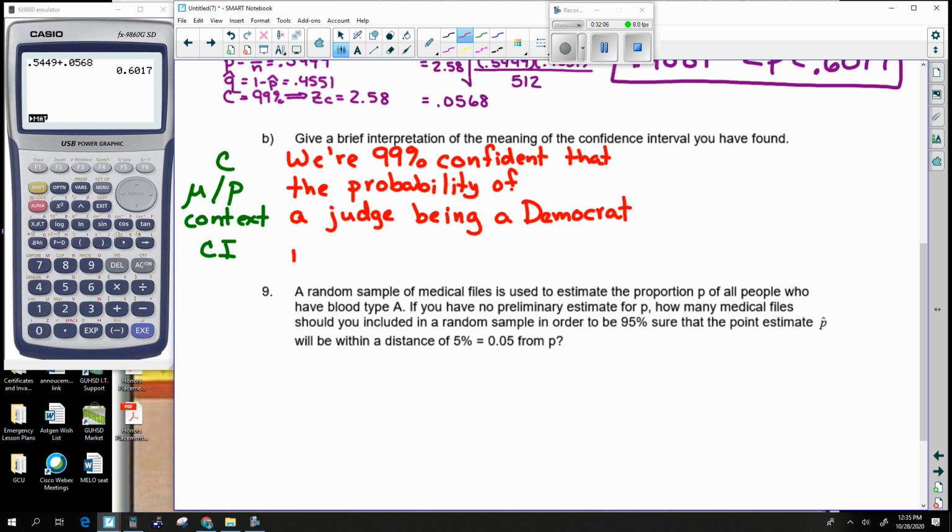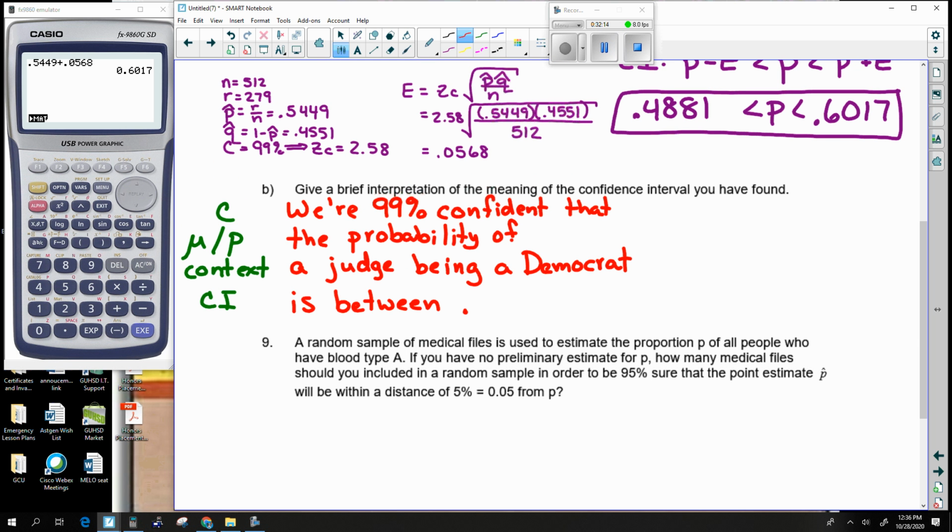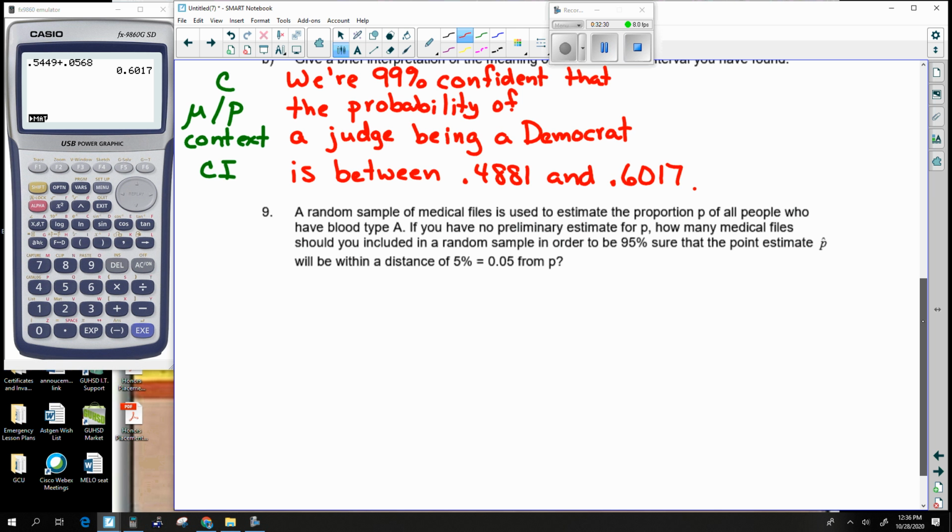So the probability is between, see my answer. And read it once. We're 99% confident that the probability of a judge being a Democrat is between 0.4881 and 0.6017.